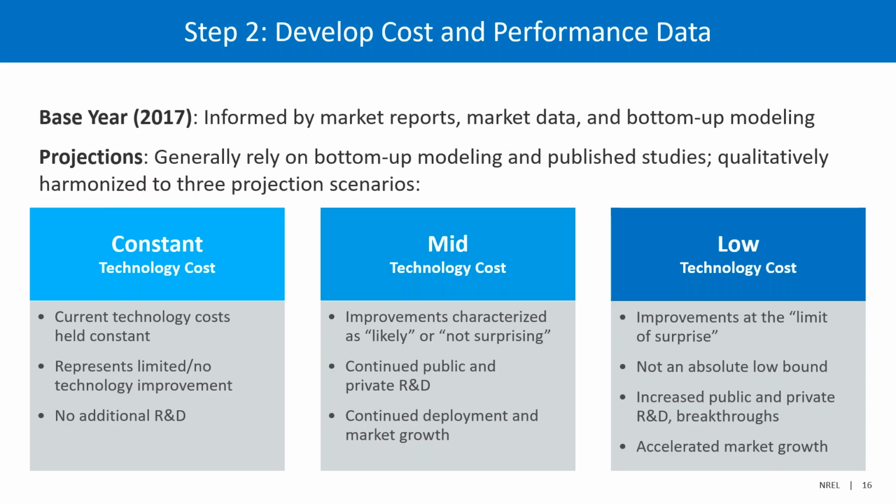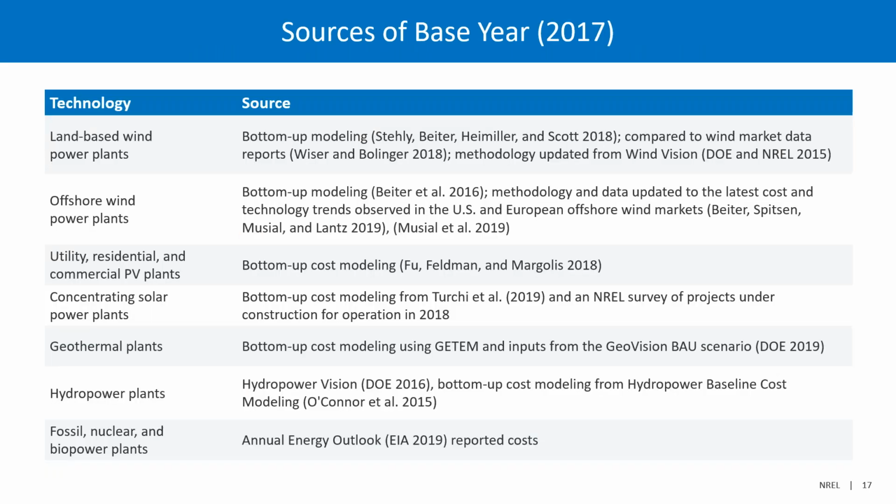So in the second step, we develop cost and performance data for 3 different technology cost scenarios with base year 2017 this year and projections to 2050. So these are the constant, mid, and low technology cost case. This slide summarizes the sources of the base year data, which is now 2017.